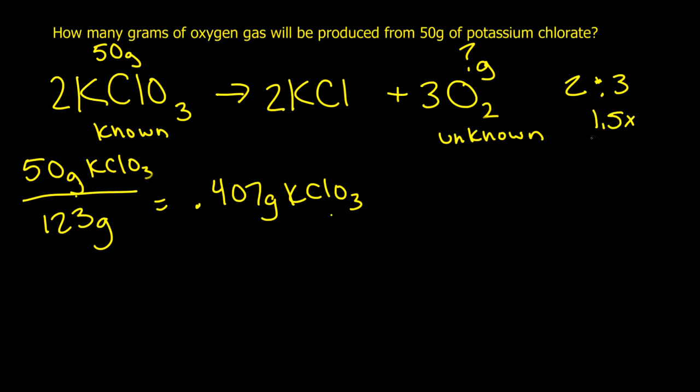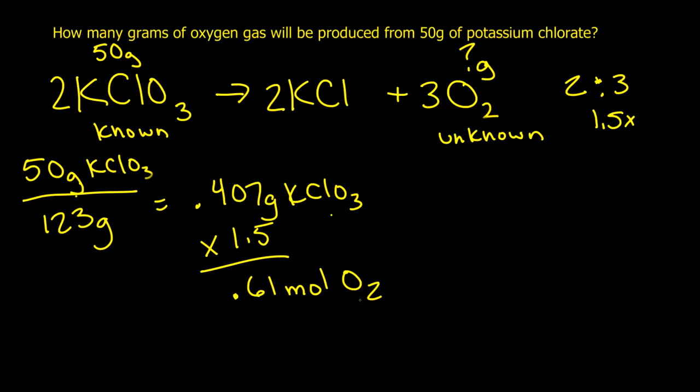So that means there's 1.5 times the oxygen in this reaction than there is potassium chlorate. So multiply this by 1.5, and I get 0.6097. I'm going to round that to 0.61. And now it's going to be moles of oxygen gas.